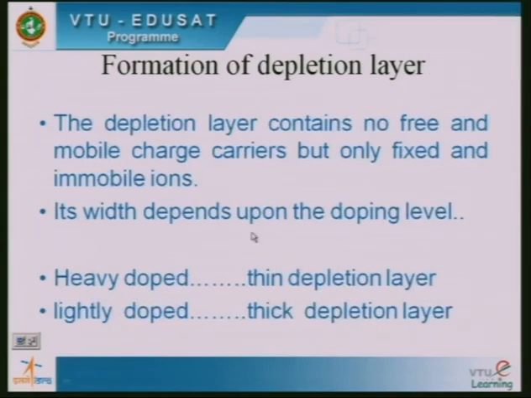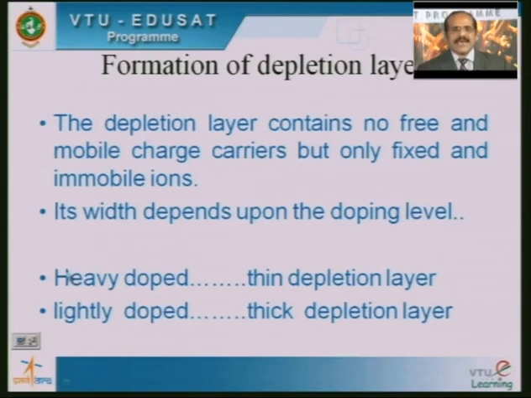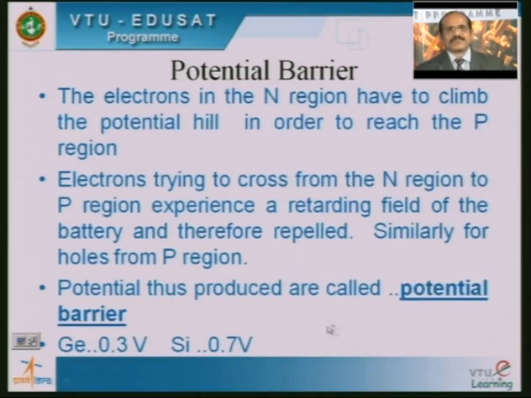The depletion layer contains no free and mobile charge carriers, but only fixed and immobile ions. The width of the depletion layer depends mainly on the doping level. If both the P and N layers are heavily doped, it results in a thin depletion layer. If both are lightly doped, that results in a thick depletion layer.